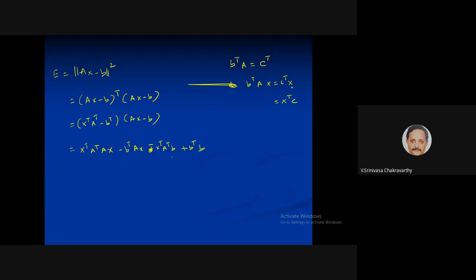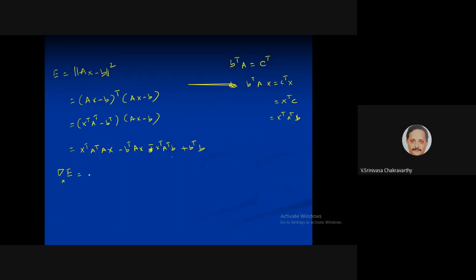Because this is the dot product of the vector c and vector x. So that is nothing but x transpose A transpose b. So both are the same.